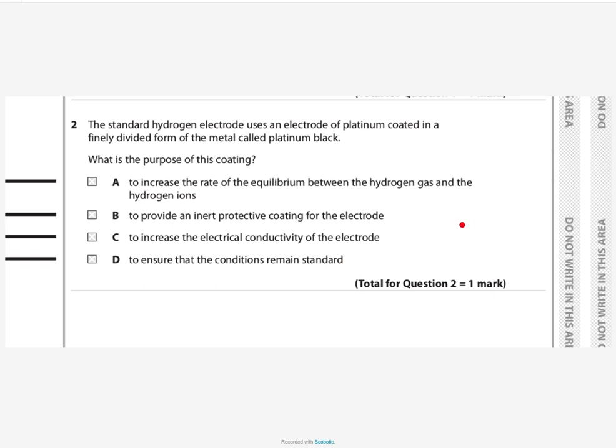That will increase the surface area of the catalyst, the active sites, so the equilibrium is established much faster. In other words, the rate of the equilibrium between hydrogen gas and hydrogen ions will be achieved much faster when the catalyst is powdered, because the surface area increases, right?